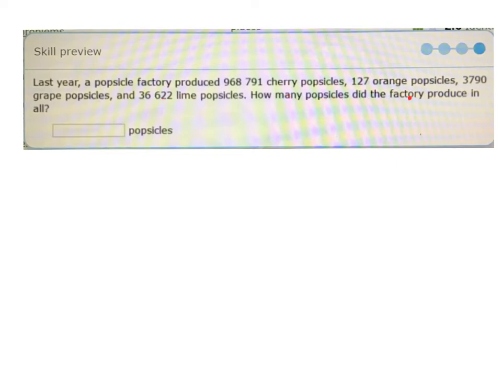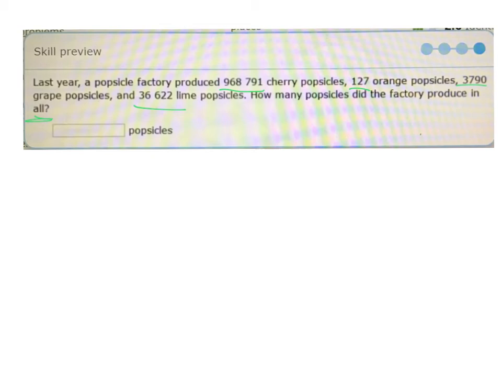How many popsicles did the factory produce in all? So if they made this many cherry, this many orange, this many grape, and this many lime, how much did they make altogether? Altogether. So obviously we need to add those up to know the total number.